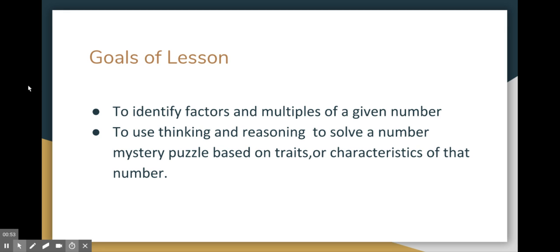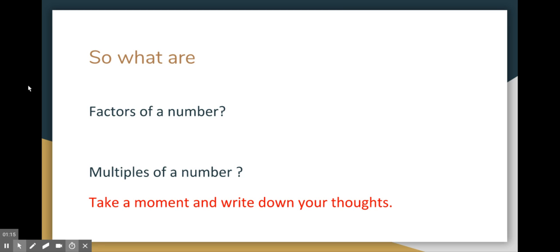And here's the mystery puzzle part. We want you to put on your thinking caps and be able to figure out how to solve a number mystery puzzle based on the traits or characteristics, clues that we will give you about that number.